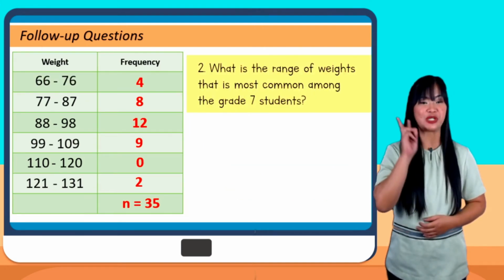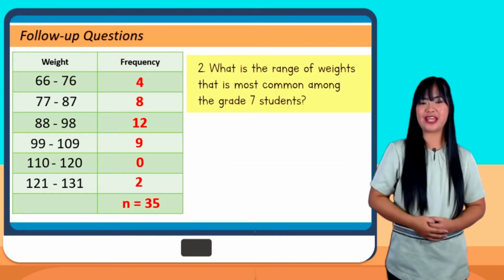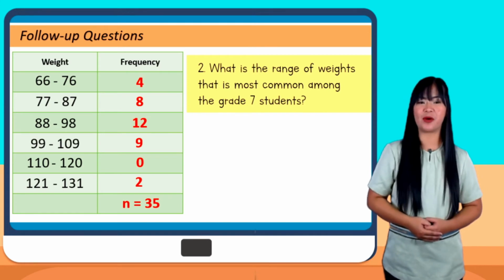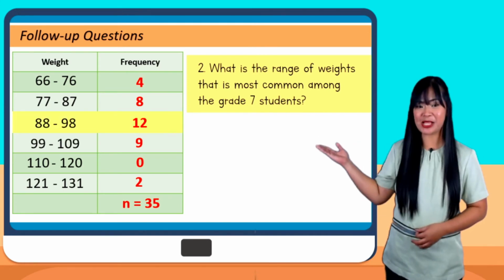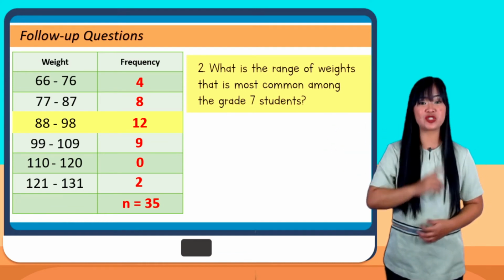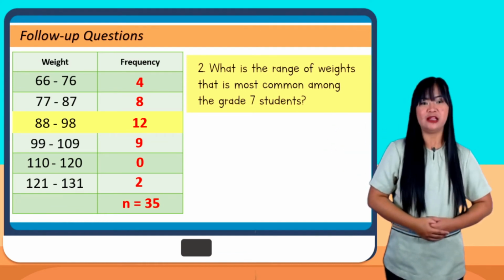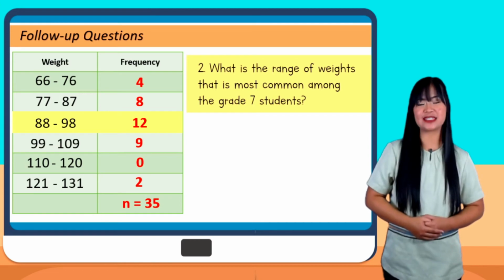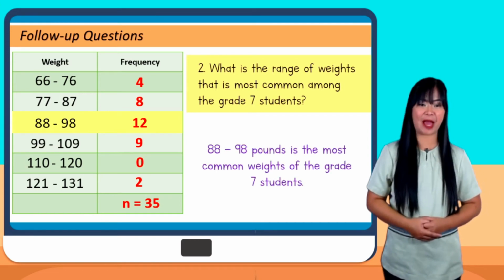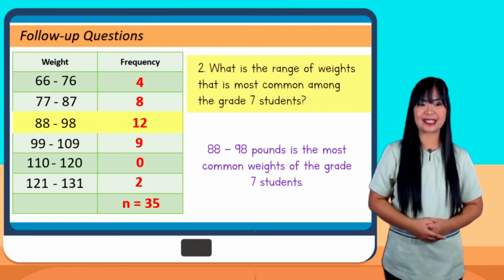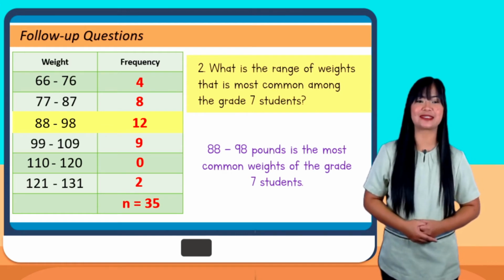For question number 2, what is the range of weights that is most common among the grade 7 students? From the table, we can tell which is the most common by looking at the group with the highest frequency. Therefore, 88 to 98 pounds is the most common weight range of the grade 7 students.